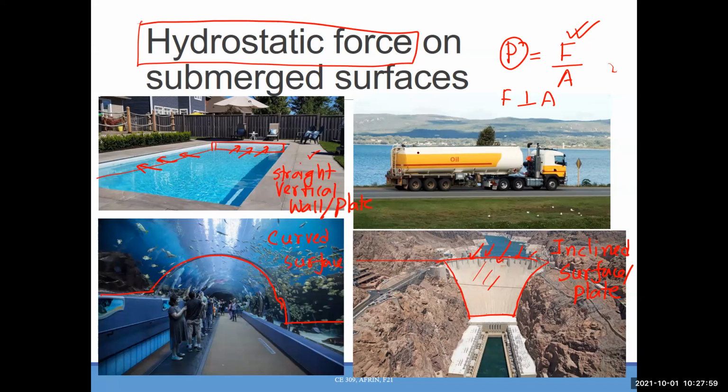What about this one? This is a tank which is carrying some sort of fuel or oil. Again, what type of surface is that? It's a circular one or a straight or inclined? It's kind of circular or maybe curved, right?